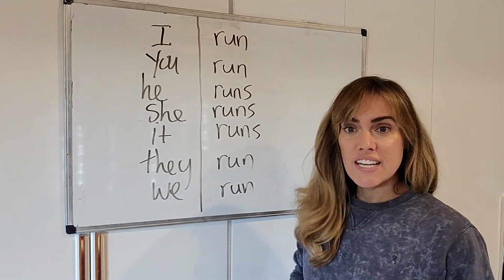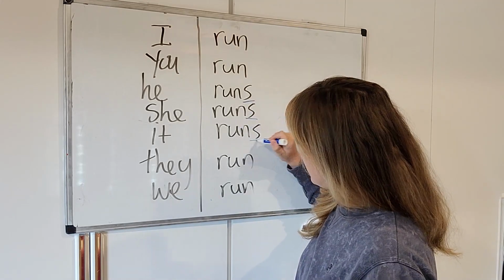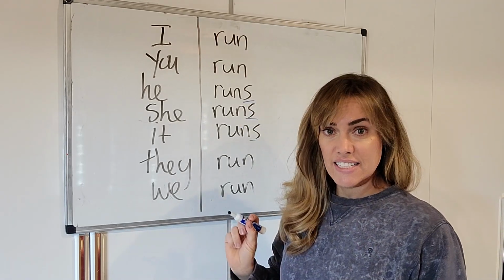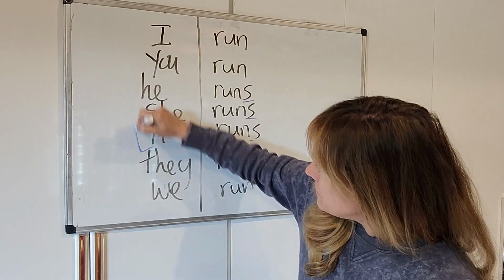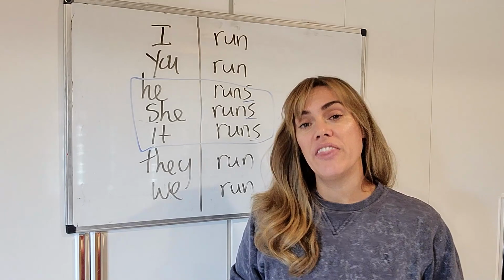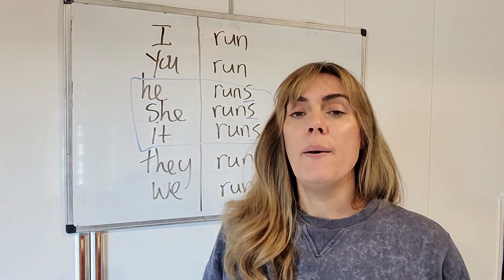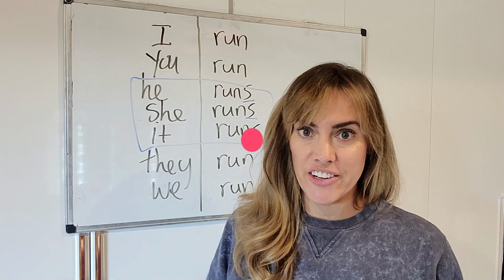And so you can see that there's one part that's different. And that is the S that's added to these subjects. And what that's called, and it's really important, is third person singular.